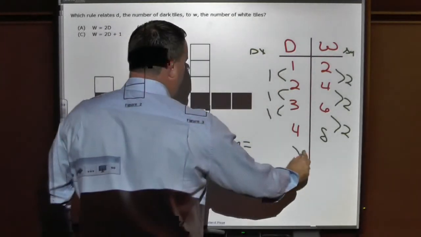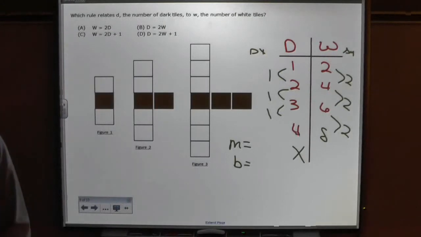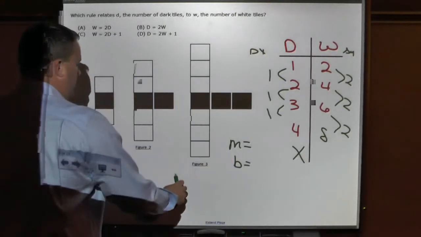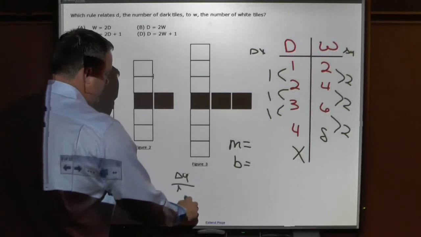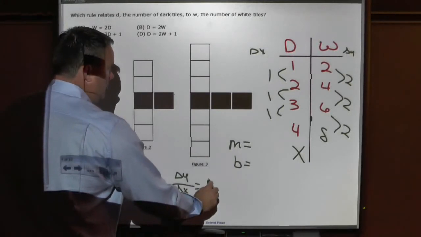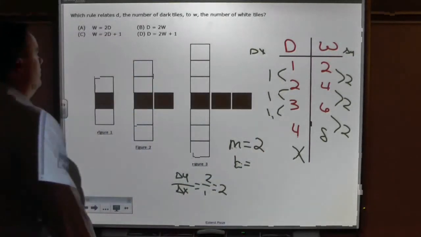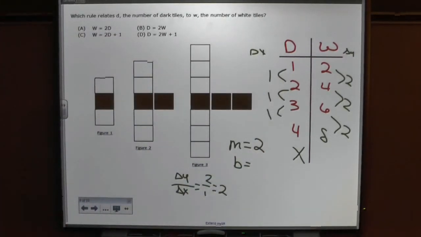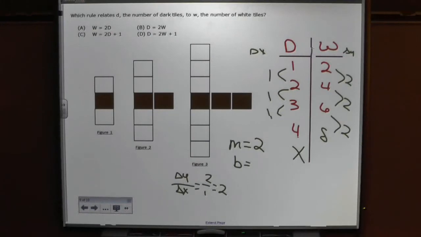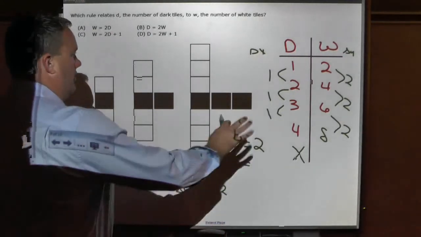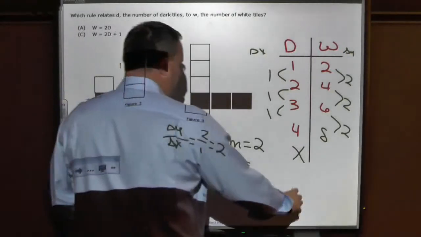So we want to know for the value of x, so x terms. So as we look at this, your rate of change, your coefficient, change in y over change in x, will be 2 over 1, which is 2. So right now, we've got the rate of change. We still need to find the constant. Again, we don't have a process column here, so you need to create your own.